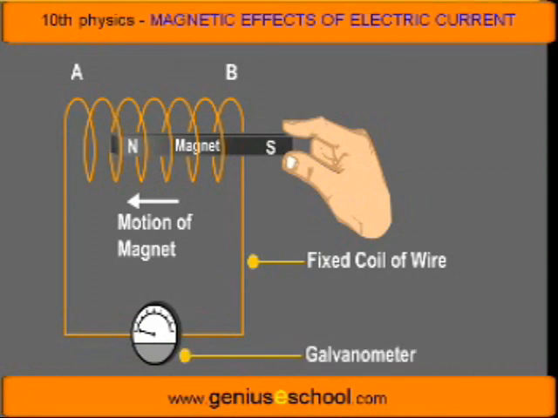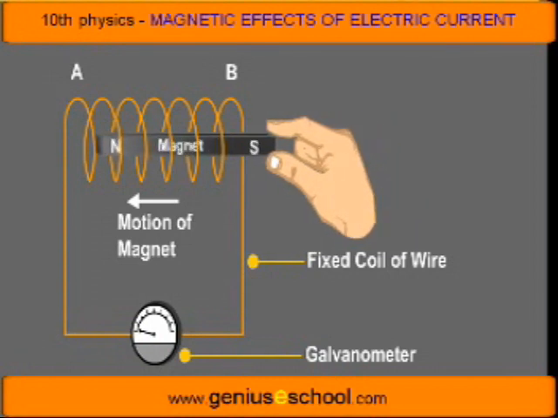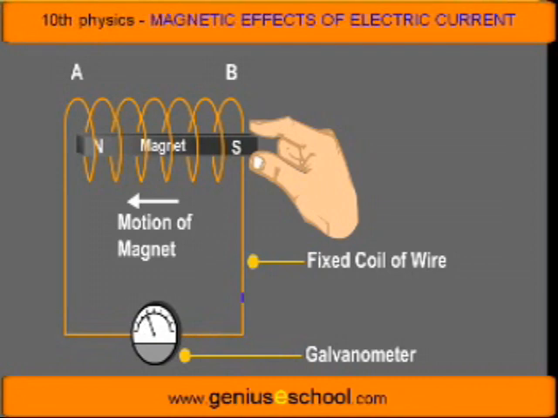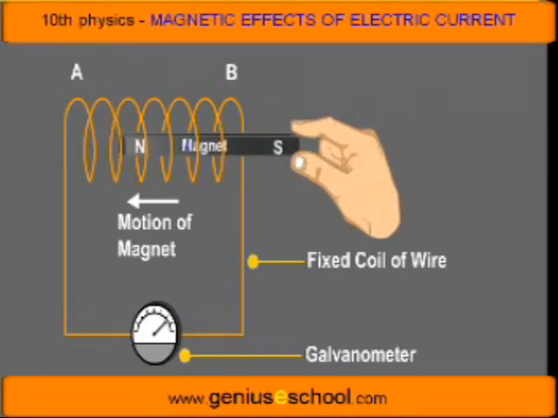Now, when a bar magnet is held still inside a hollow coil of wire, there is no deflection in the galvanometer pointer, showing that no electric current is produced in the coil of wire when the magnet is held stationary in it. When a bar magnet is moved quickly into a fixed coil of wire AB, then a current is produced in the coil.